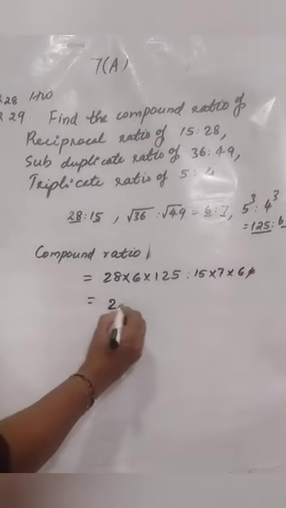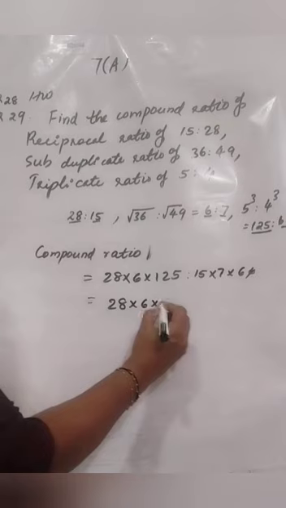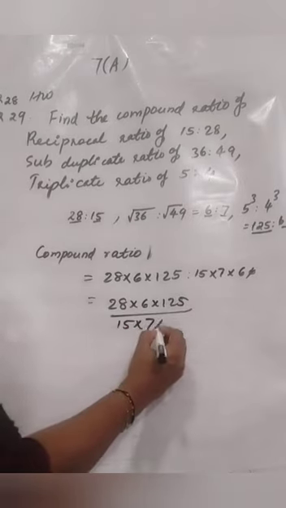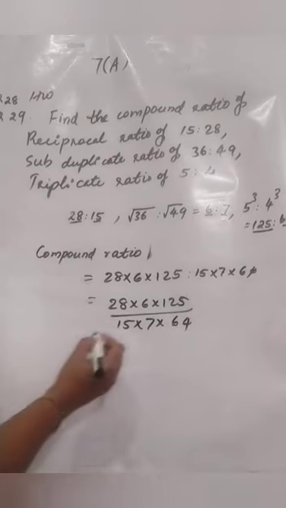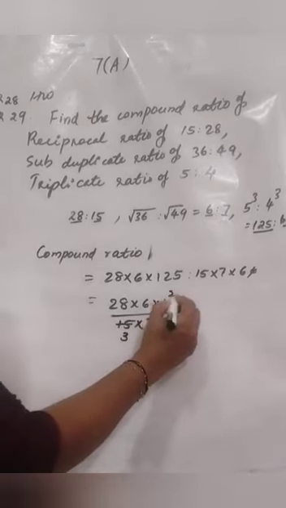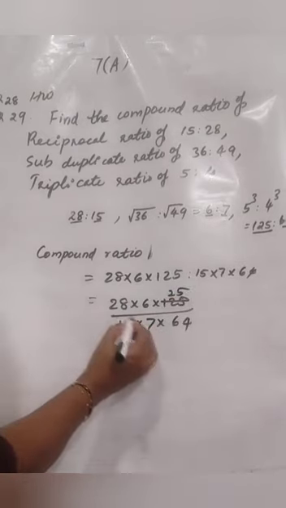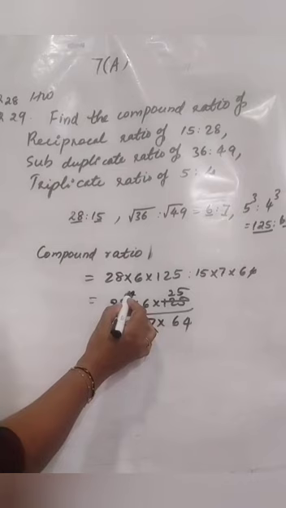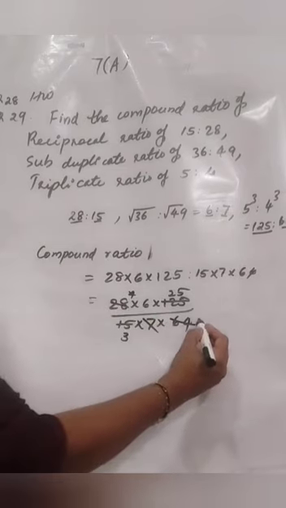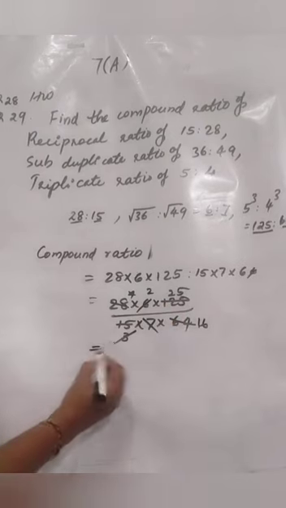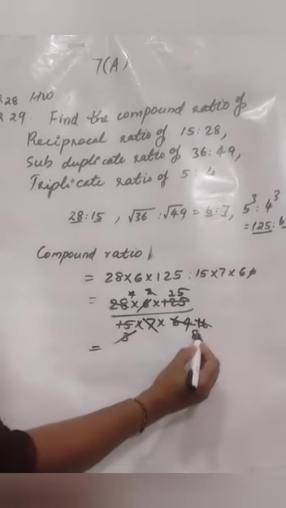And for simplification we can write in fractional form, over 15 into 7 into 64. Here 5 divisible by 5, these two numbers 3 and 25. And here 7 and 28 4 times, and this 4 and 64 16, 3 and 6 2, and 2 and 16 8.